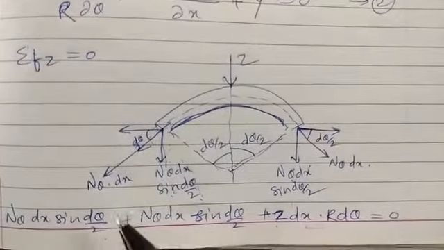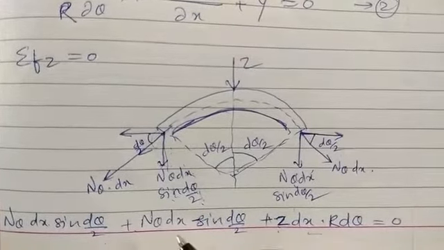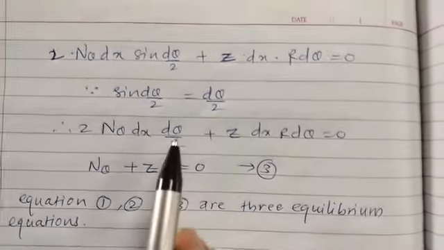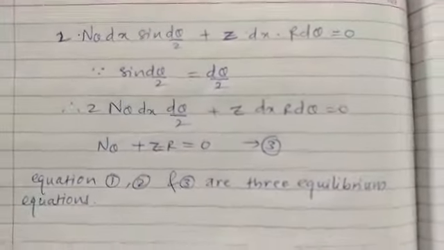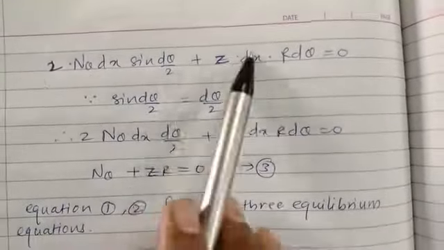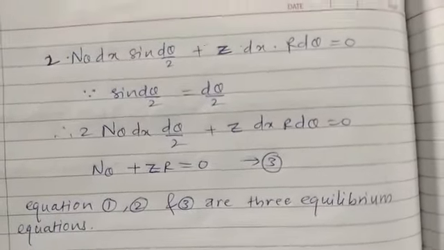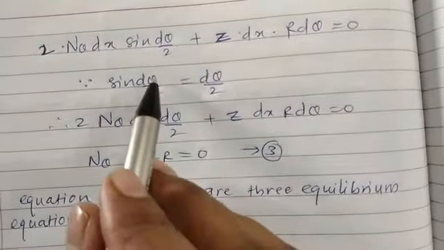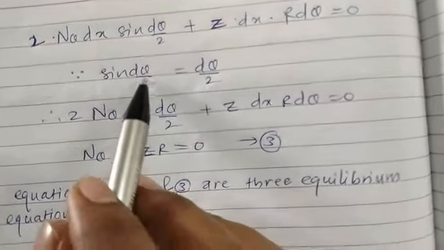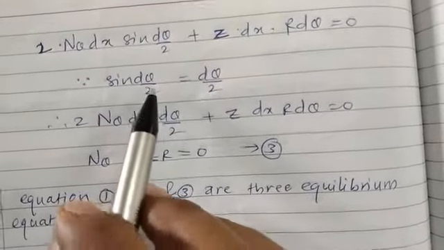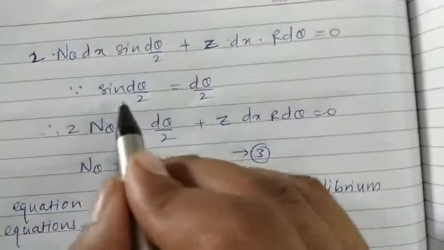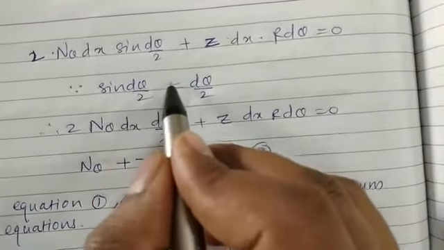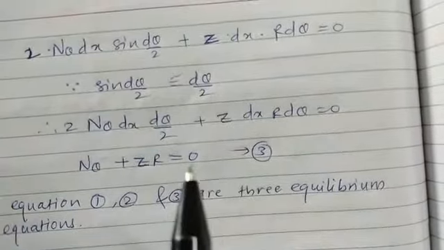Now if you simplify this equation again, we have to make some adjustment. Since d theta by 2 is very small, sine d theta by 2 is nearly equal to d theta by 2.